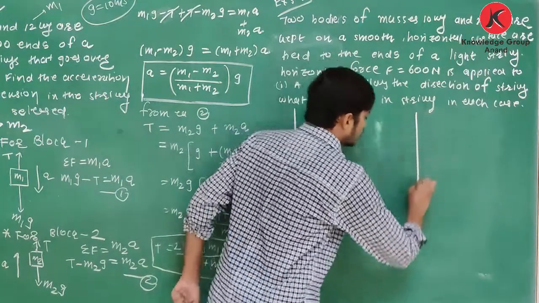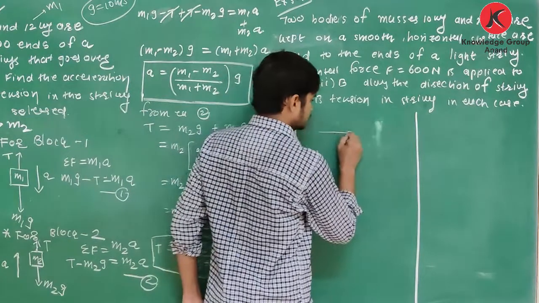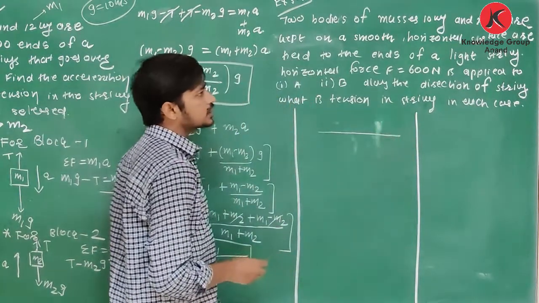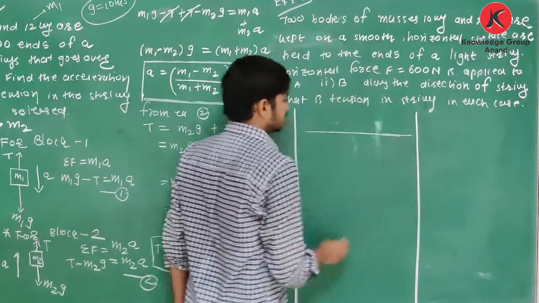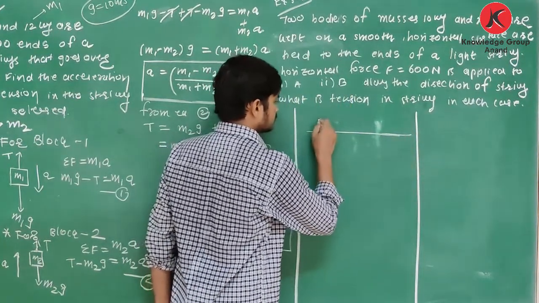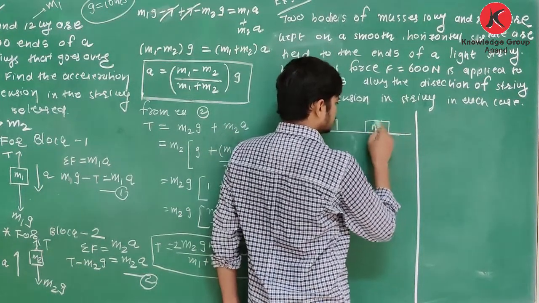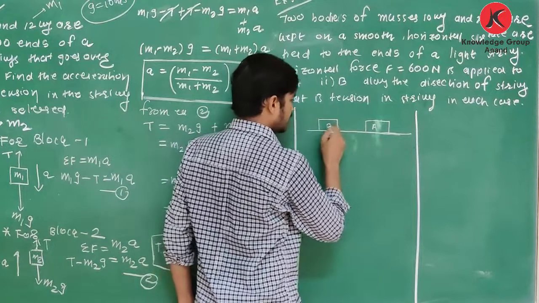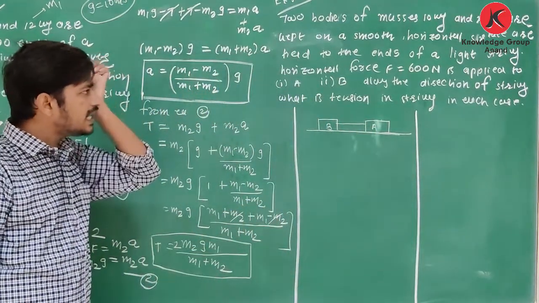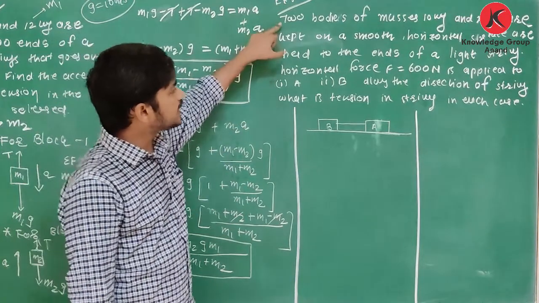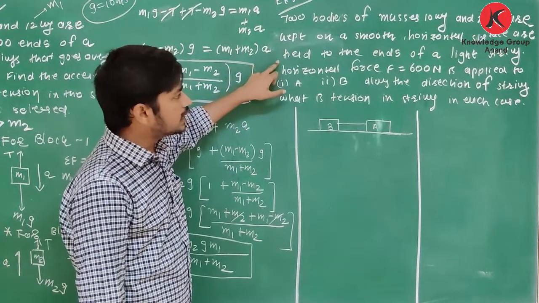See how to solve this question. Here it is. I have a horizontal smooth surface with two blocks A and B connected by a string.